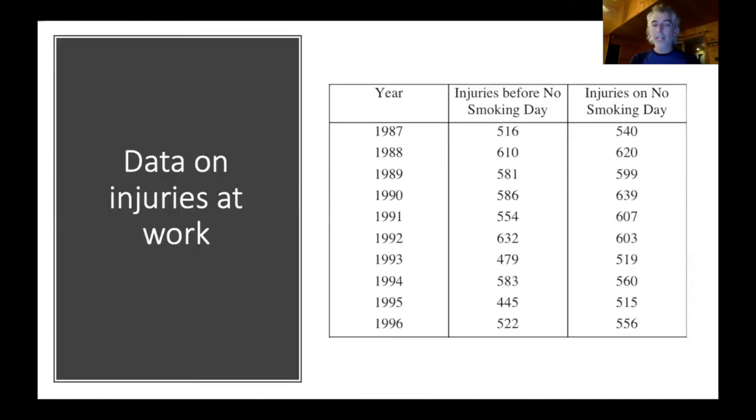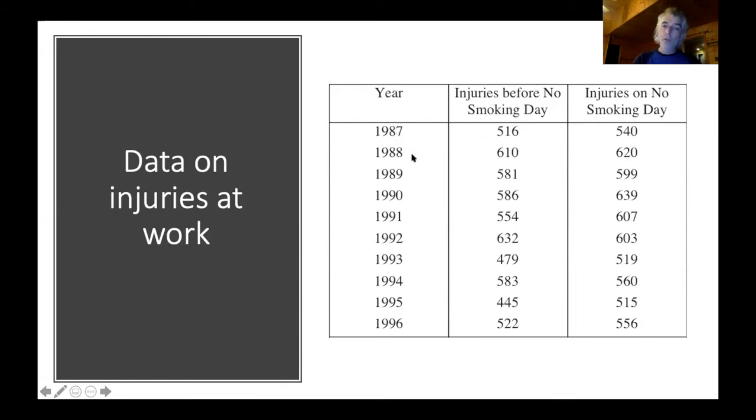So here's what the data look like. You can see that for 1987, there were 516 injuries prior to the no smoking day and 540 injuries on the no smoking day. And so each of these observations within each of these samples is logically matched to one another because they both occurred within the same year.